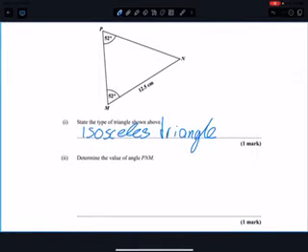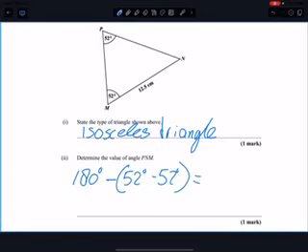Determine the value of P and M. If you find P and M, that means they want the angle of the letter in the middle. They want the angle of N. So it's 180 degrees, subtract 52 plus 52, oh sorry, add 52.